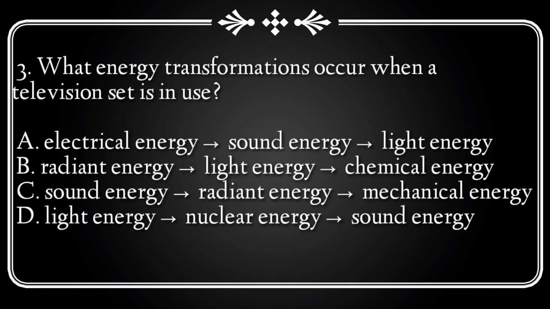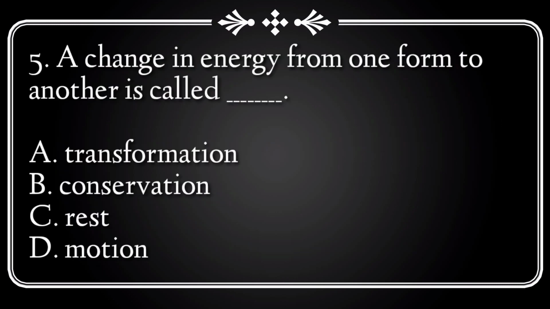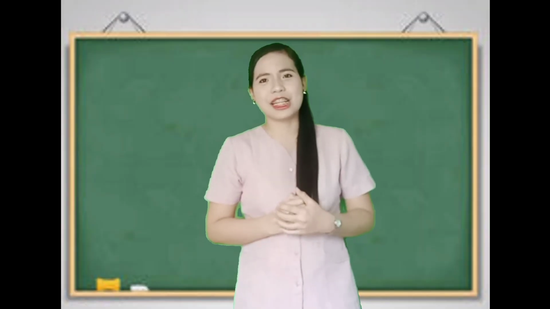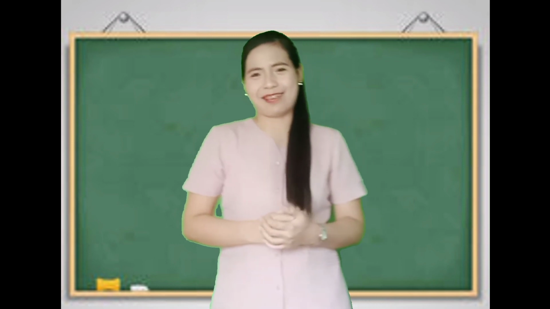What energy transformations occur when a television set is in use? 4. Which of the following activities illustrates sound energy being transformed into heat energy? And 5. A change in energy from one form to another is called blank. Are you done answering the post-test? I hope you have completed the 5 items.